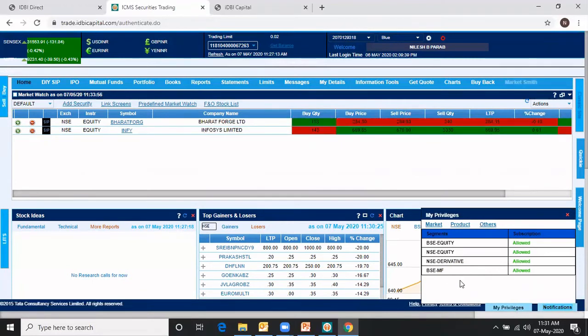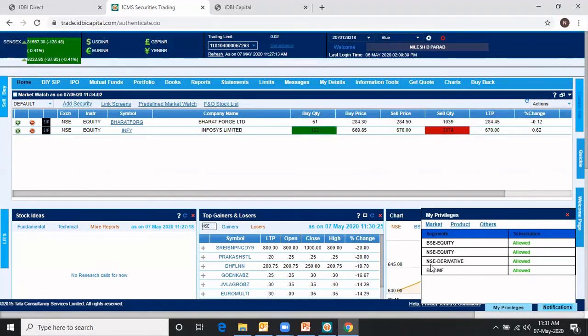I can trade in BSE, allowed. I can trade in NSE, allowed. I can trade in NSE derivatives, allowed. BSE StAR MF, this is the mutual fund segment, is also allowed. Those clients who don't have BSE StAR MF, I will request them to go for BSE StAR MF registration.